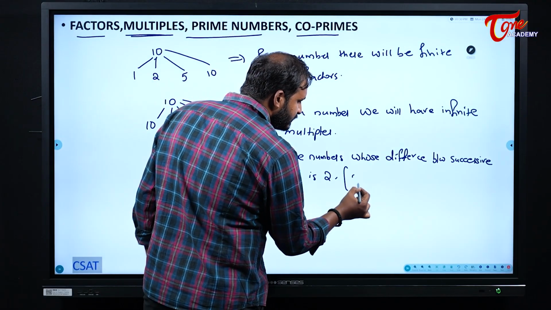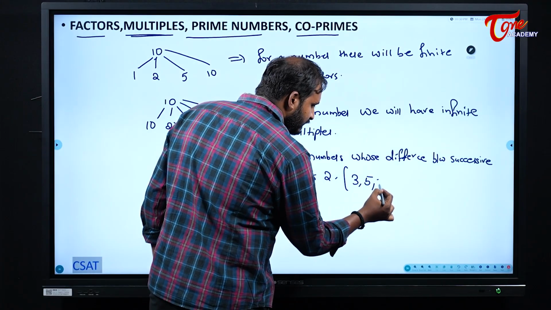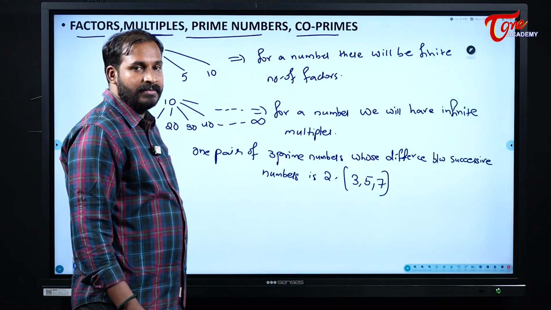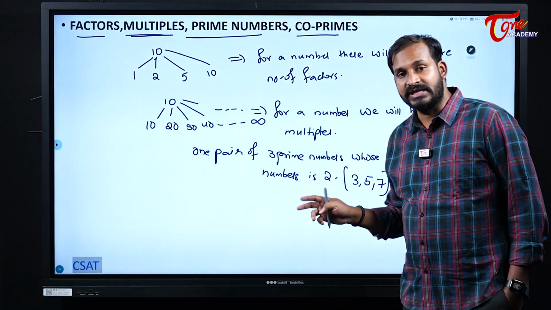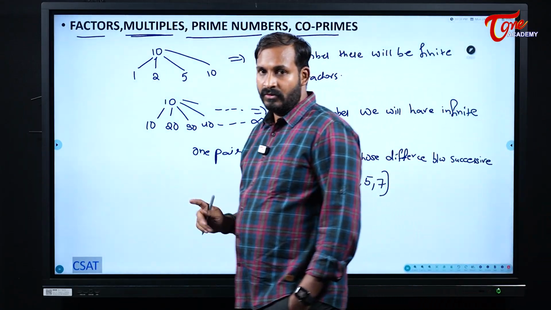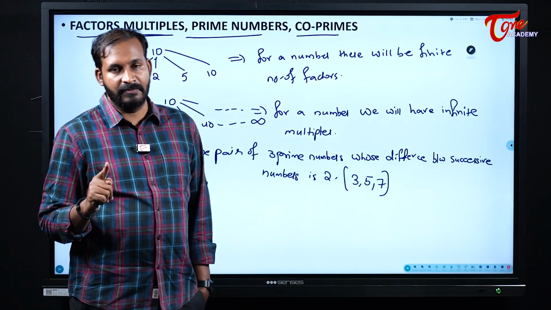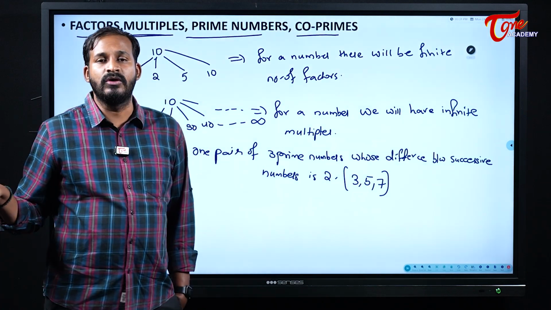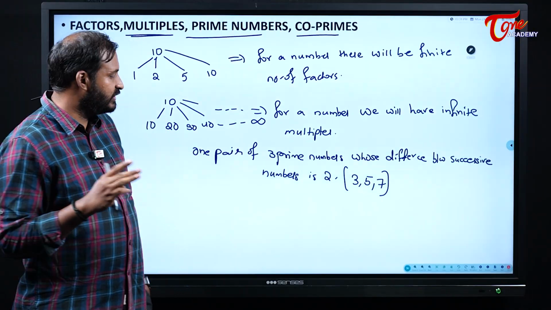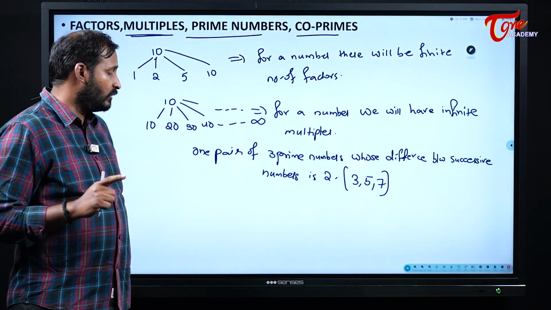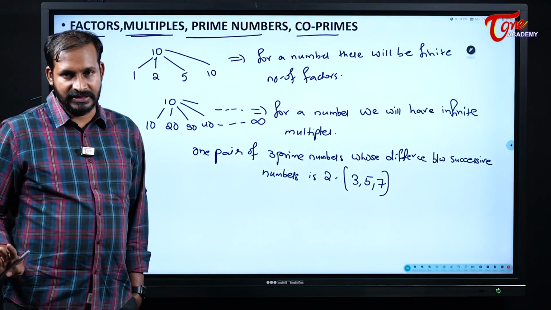What is that set? 3, 5 and 7. This is the only set of three prime numbers which have a difference of 2 between them. Okay, remember, this is the only such set. Apart from this, there are no other sets of three prime numbers whose difference is 2. Only one set, that is 3, 5 and 7.